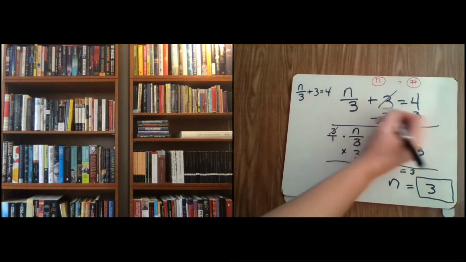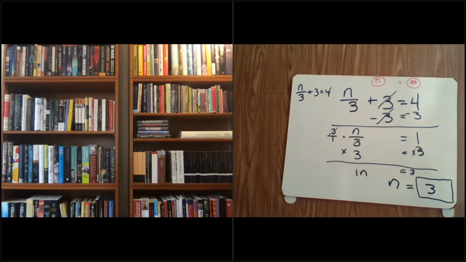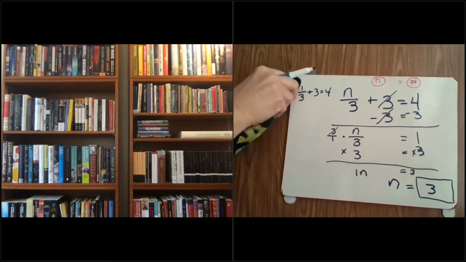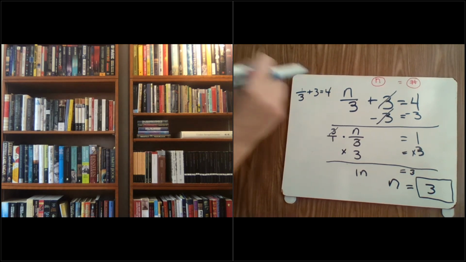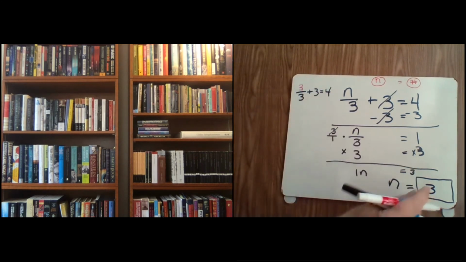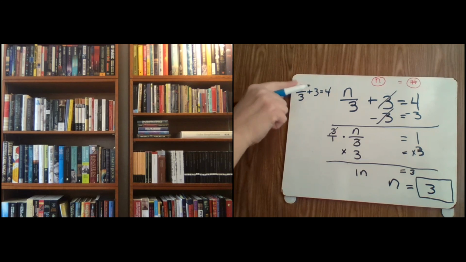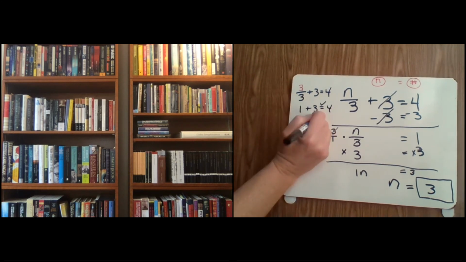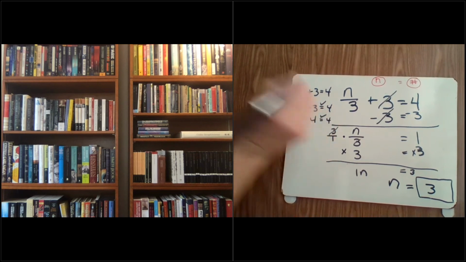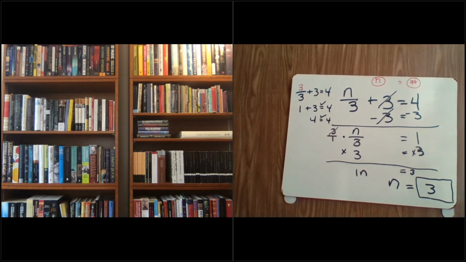I rewrote my original problem, and now I'm going to erase where n was and substitute the number 3, because my solution was n equals 3. Now we have to see if this is true. 3 over 3, I can rewrite that as 1. 1 plus 3 equals 4. Oh, look, 4 equals 4. My answer was correct.